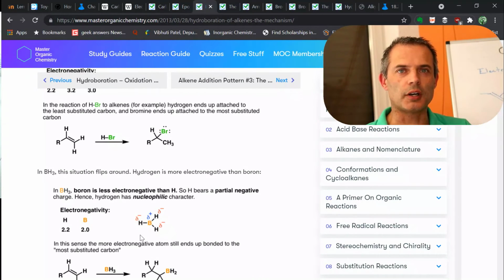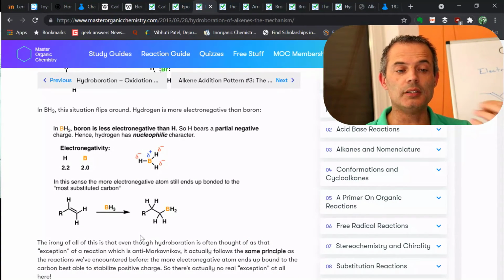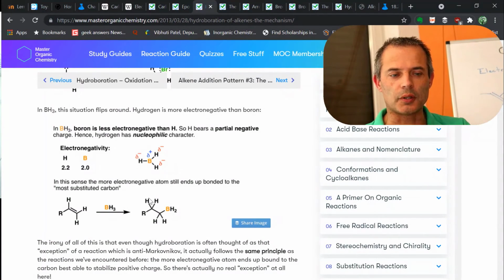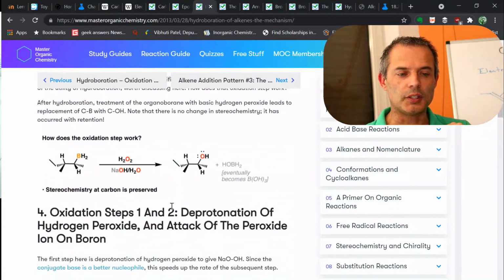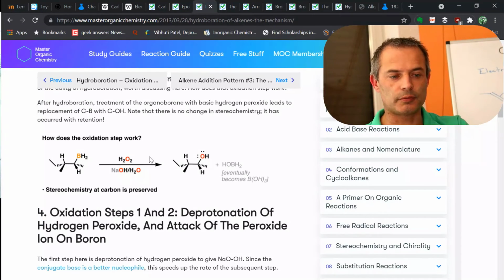So if we use it for other types of chemistry, it's behaving very often as an H- donor, and that means that the boron does the job that the hydrogen would normally do and ends up on this end. And then when we do the oxidation of it, we're going to remove this and take it off.